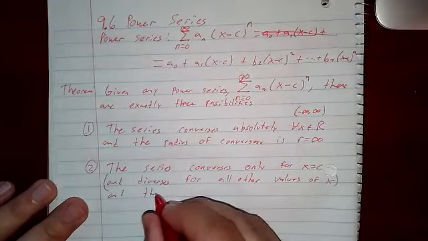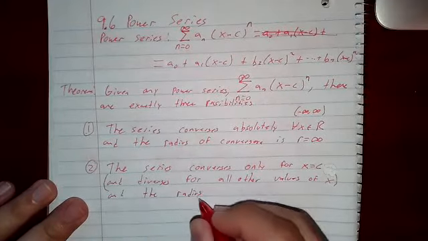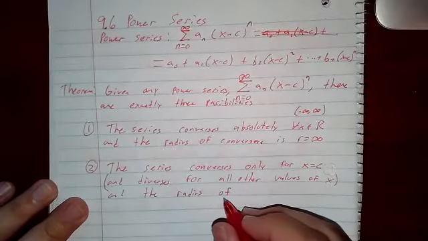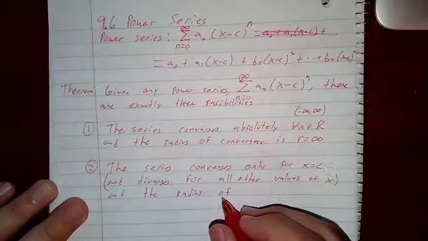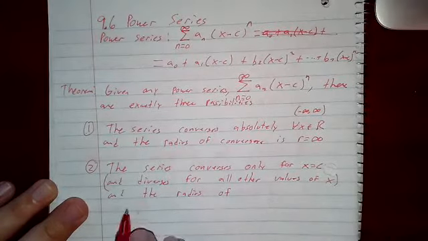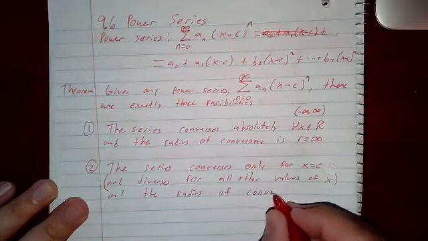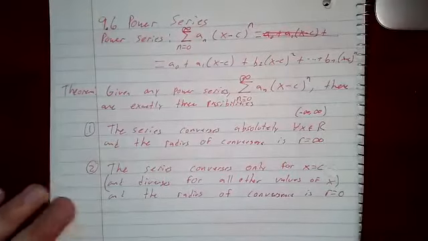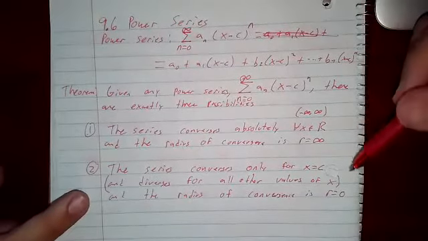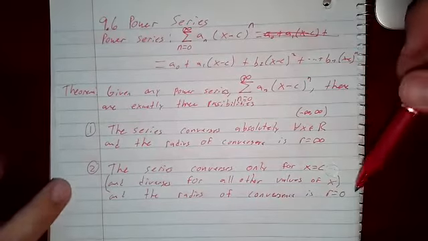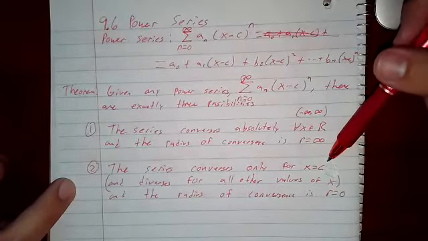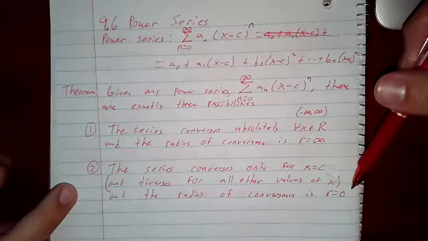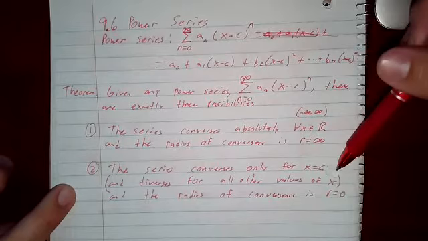And the radius of convergence is r equal to 0. So in other words, scenario 2 is saying that it converges only at one specific number, c, and diverges everywhere else. So meaning there is no radius, right? It's only at one point.